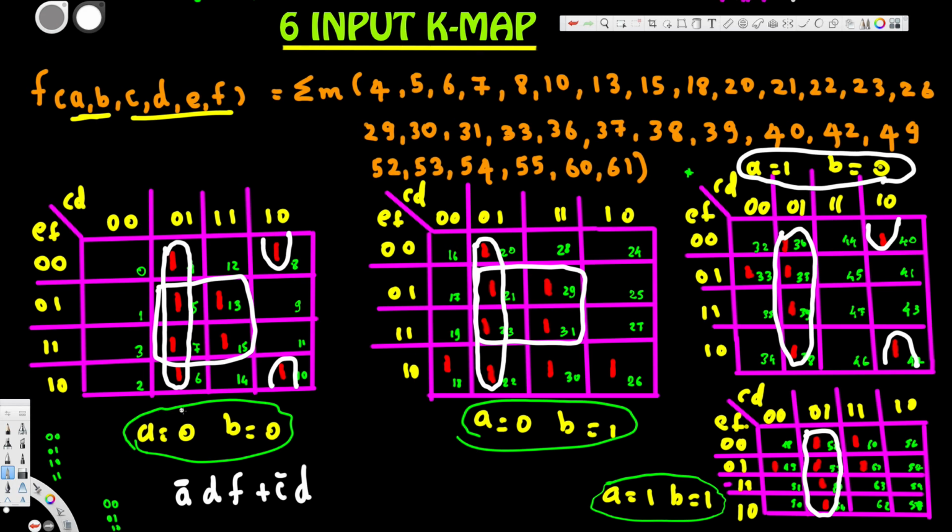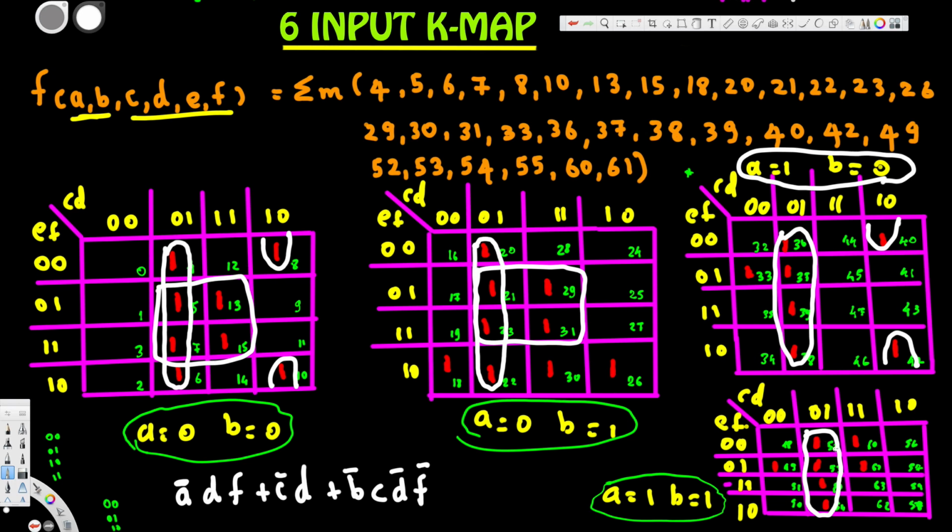Now A and B, let's see. For this one, A is 0, A is 1, A is changing. B is 0, B is 0. So B is not changing, so we can put B complement. And then C and D are not changing for both, so C, D complement. And if you look at E and F, 0, 0, 1, 0, E is changing, F is not changing. So this is going to be F complement. So that's going to be it for this one.